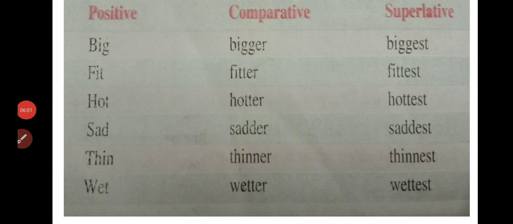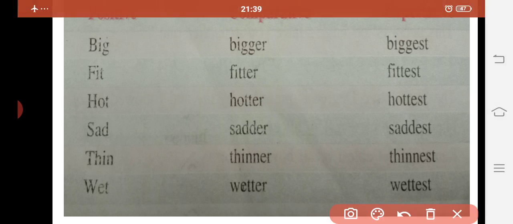We need to follow some rules to form the comparative and superlative degree. This is rule 2. Here the positive word ends in one consonant and the consonant is preceded by a short vowel. Look at this word big.